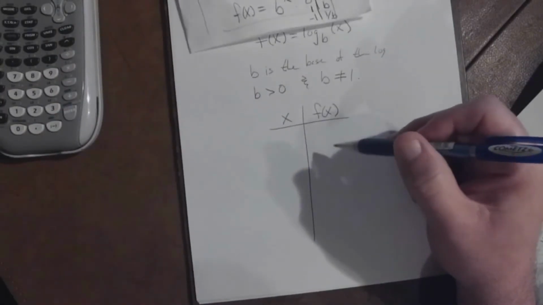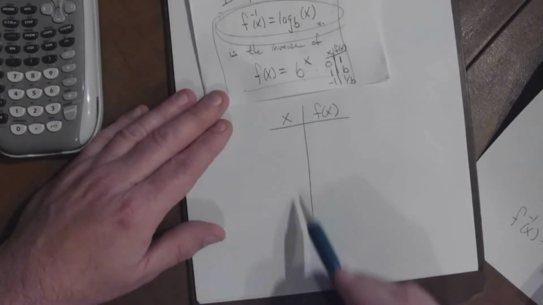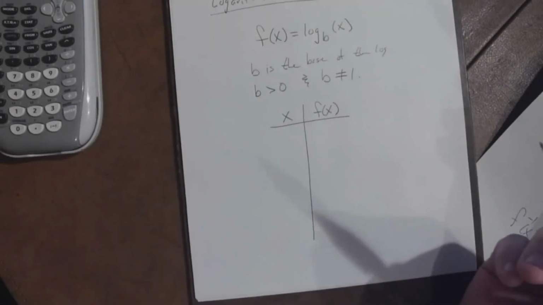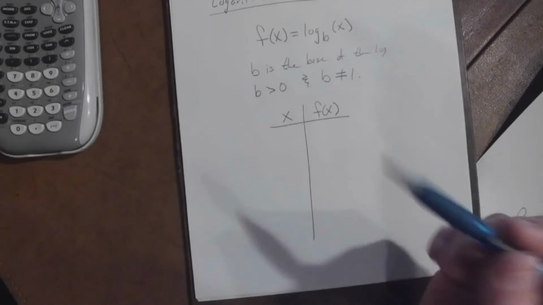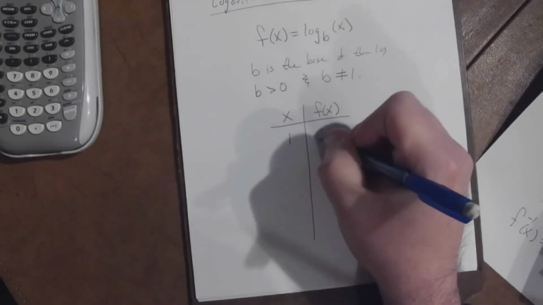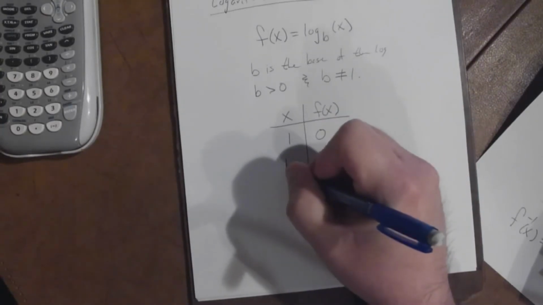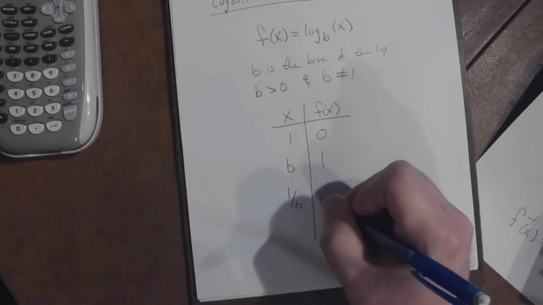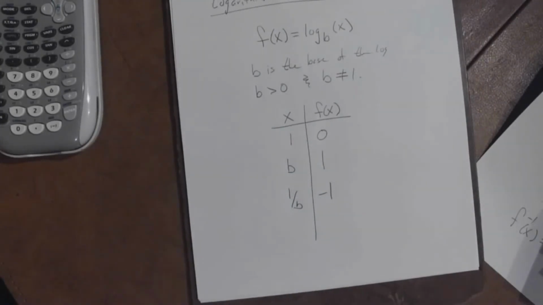That being an inverse relationship to values we will see down here in the table or in the graph for the logarithm. And log base b of x will pass through the three common points (1, 0), (b, 1), and (1 over b, -1).